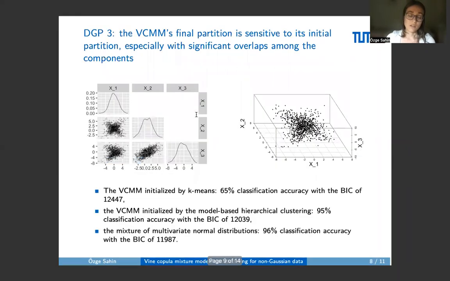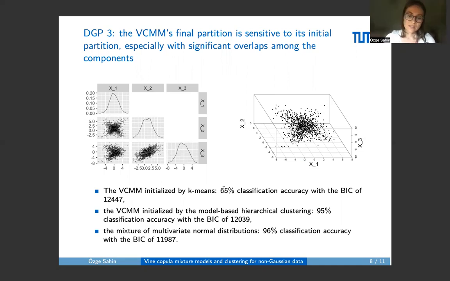The third data generating process has significant overlaps among the components and comes from a mixture of multivariate normals. Here you can see the shape of the data is more of an X shape, and we suspected that if we start with k-means, we may not recover the true parameters and the true model components.